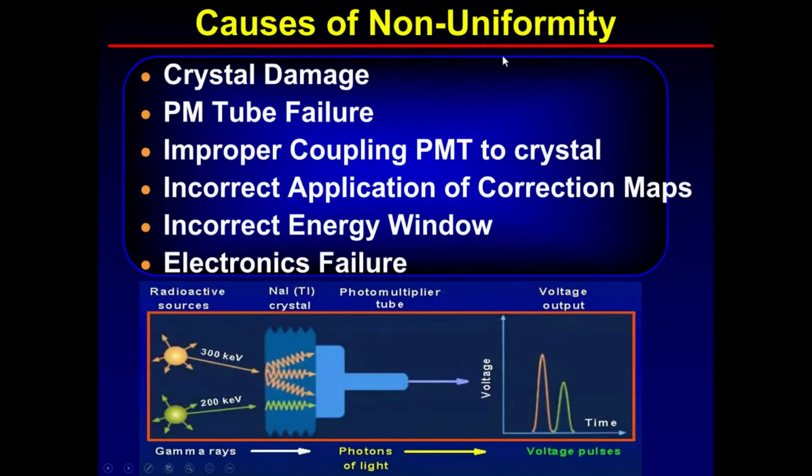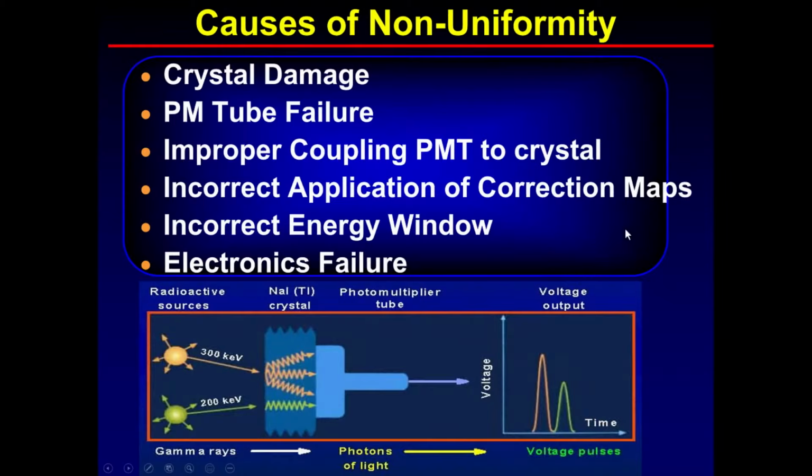And there are a lot of reasons why crystals may have non-uniformity. There can be crystal damage, there can be PM tube failure, improper coupling of the PM tube to the crystal, incorrect application of correction maps, etc. But it's important to be able to identify these non-uniformities because they will cause tremendous degradation in your images.